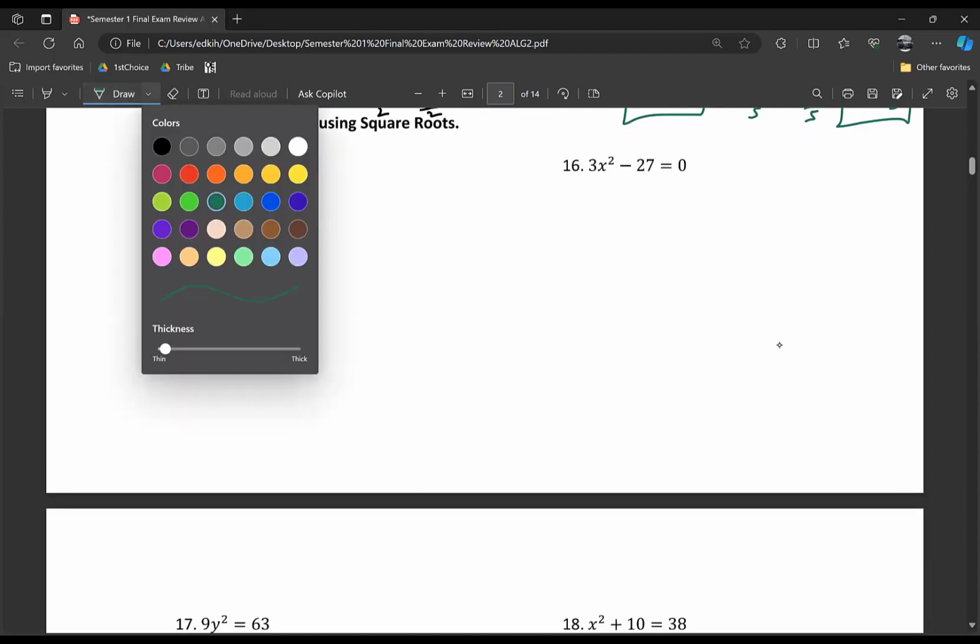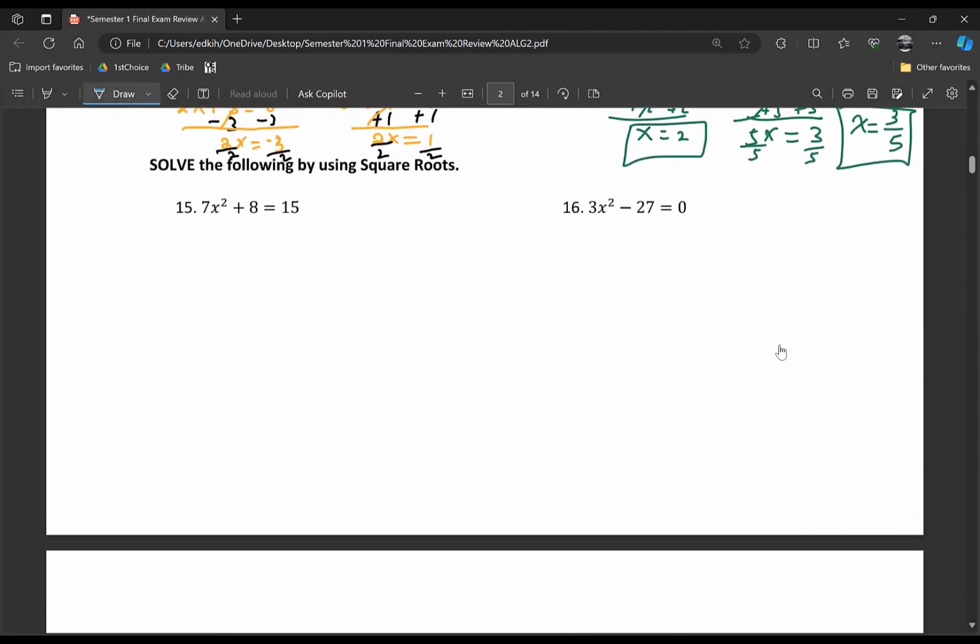Okay, so the next question is asking you to solve these equations using the square root method. This is probably most of you guys' favorite. And we start off by just subtracting 8 from both sides. Those cancel. So 7x squared equals 7.